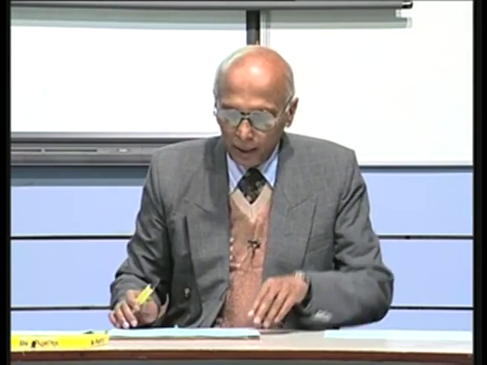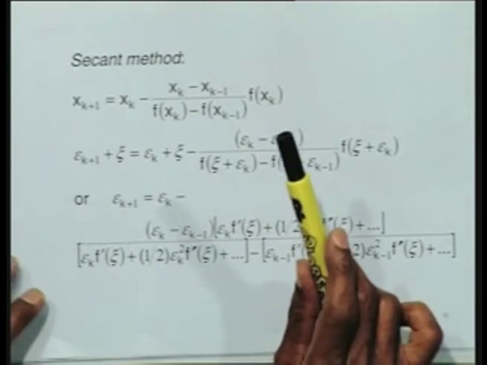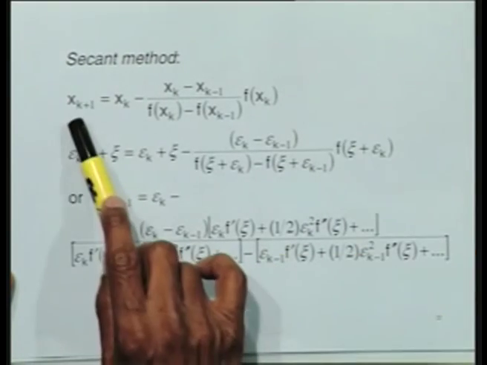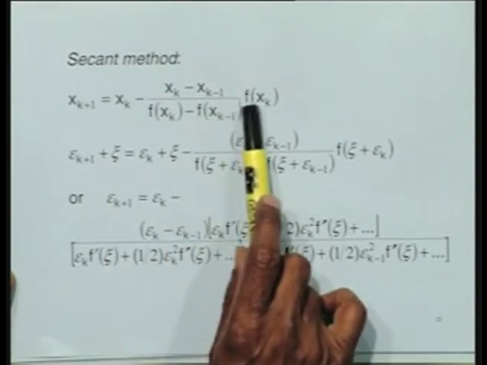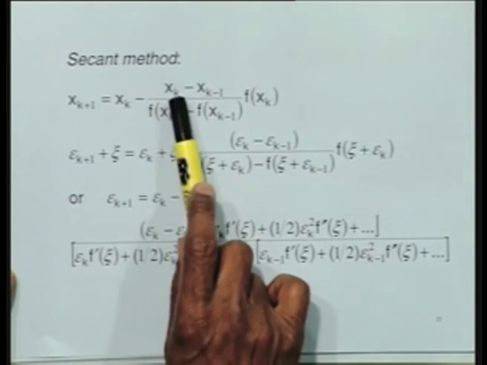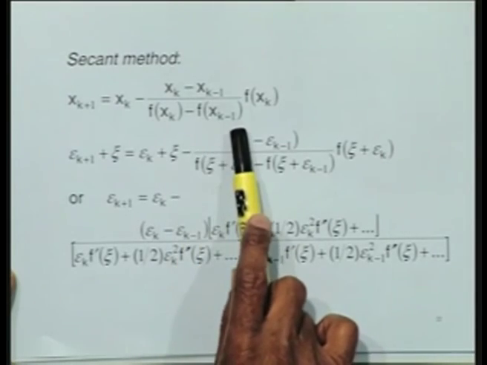Now if I do the same thing for the secant method, the secant method that we have written is xk plus 1. There are two forms of the secant method we have written, one for computational purposes, the other, as I said, for error analysis, that is xk plus 1 is equal to xk minus xk minus xk minus 1 by f of xk minus f of xk minus 1 times fk.